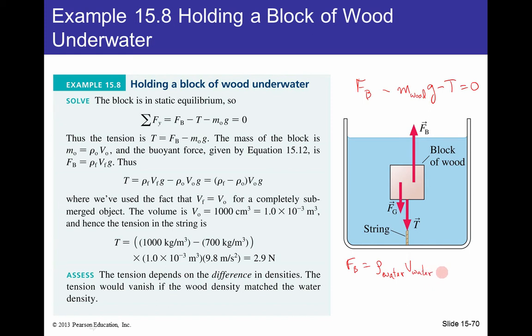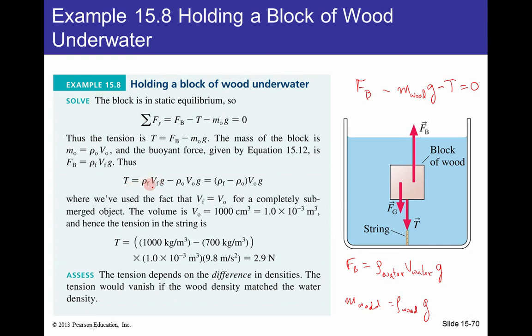which is equal to the volume of the wood, times g. That is this number here. And then the mass of wood is the density of wood times the volume. So that is this equation here, and then we can find the tension from this equation.